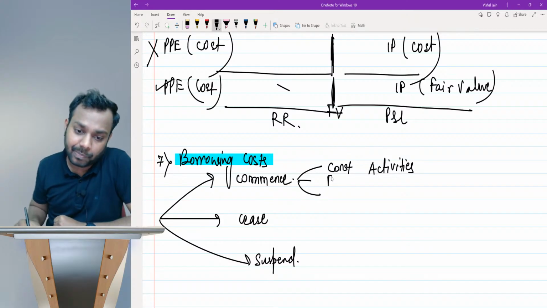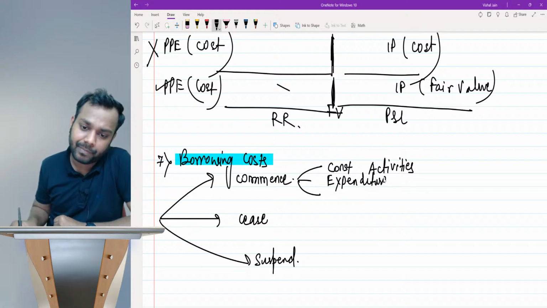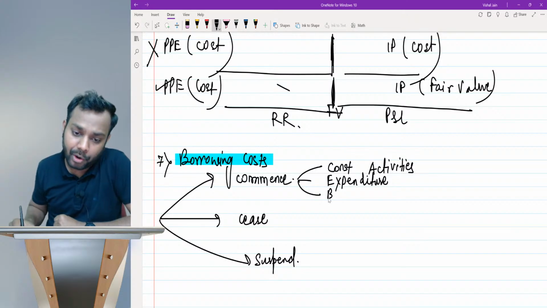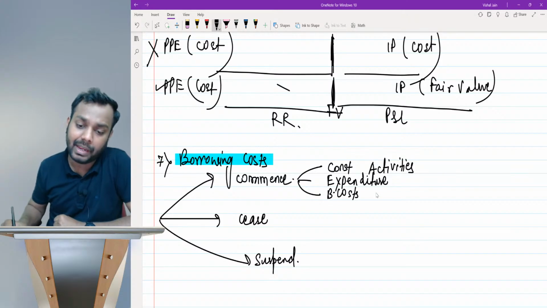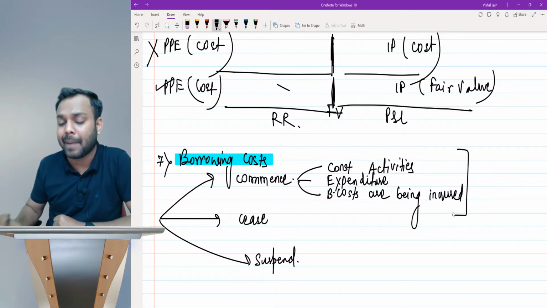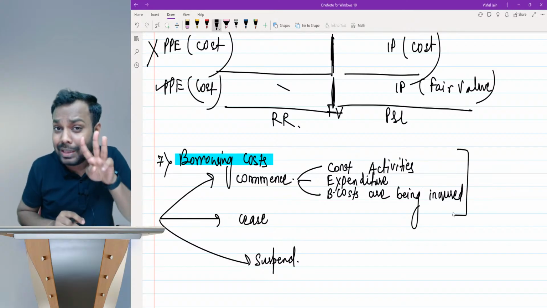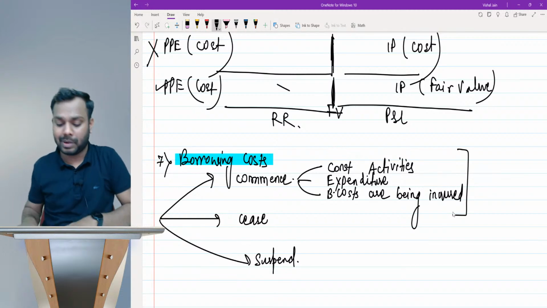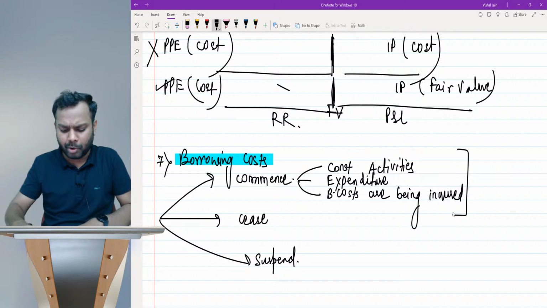Second, expenditure has started being incurred. Third, borrowing costs are being incurred. When all three start happening, from that date you have to start capitalizing the borrowing cost. Why are we talking about all three?